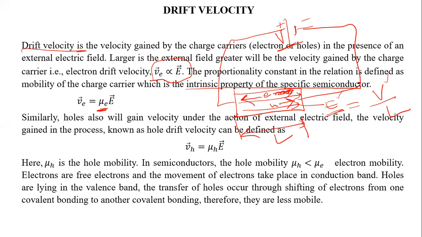Similarly, if you apply an electric field, the vacancy or hole will also move, and the drift velocity of the hole is also proportional to the applied electric field, and the proportionality constant is again called the mobility of the hole, the charge carrier.